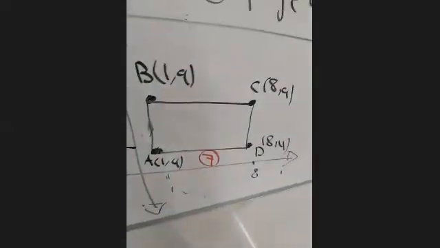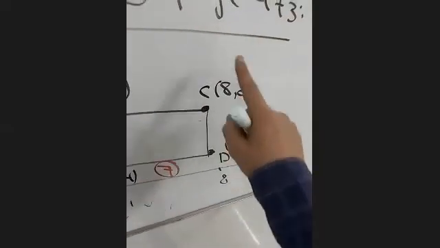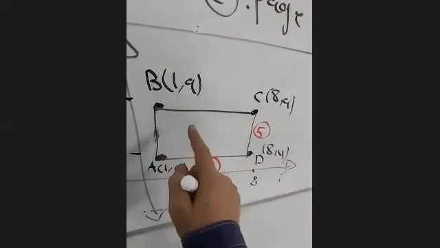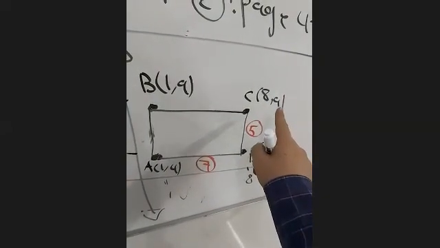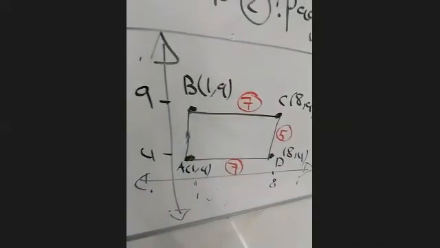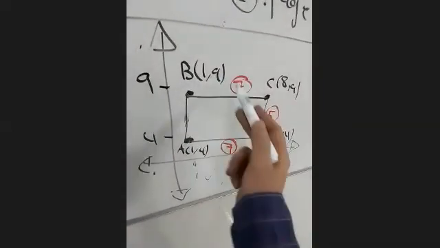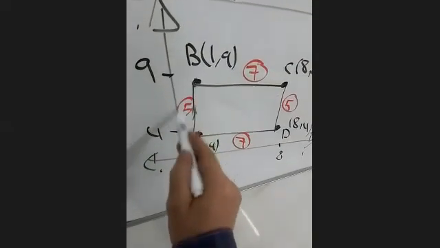Write 7 here. Good. Then 8, 4 and 8, 9: the 8s are gone, 9 minus 4 is 5. Here also 1, 9 and 8, 9: the 9s are gone, 8 minus 1 is 7. And here 1, 4 and 1, 9: the 1s are gone, 9 minus 4 is 5.